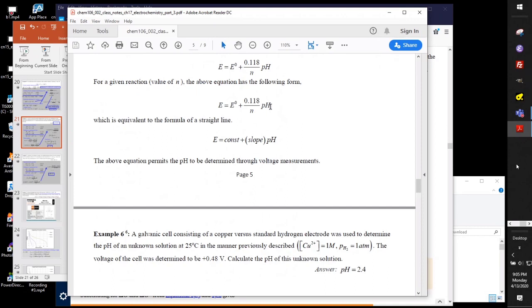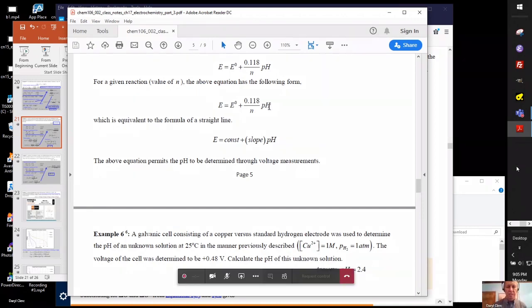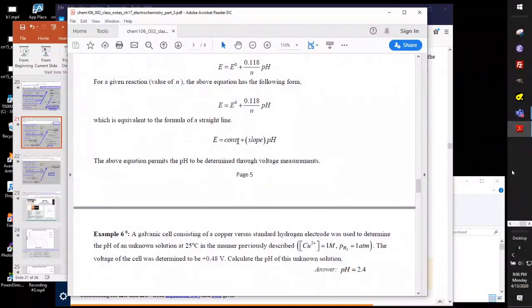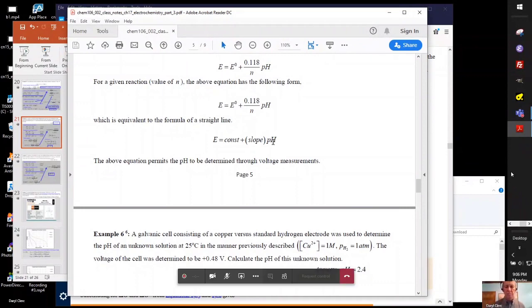And this has a simple form for a given reaction that has a given number of moles of electrons, where n is some fixed number. E is equal to some constant, E0, plus a slope times the pH. So this is the equation of a straight line. It's a linear function of pH.